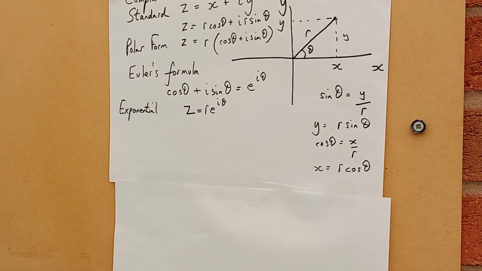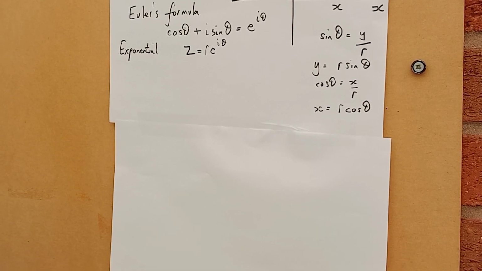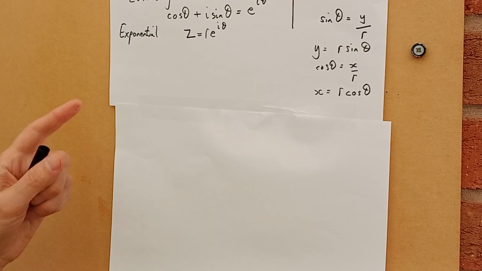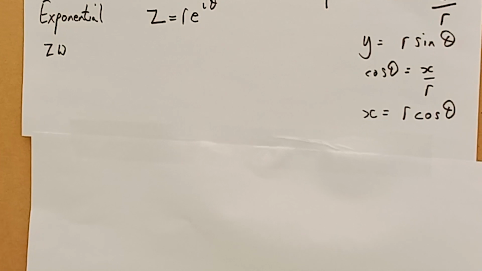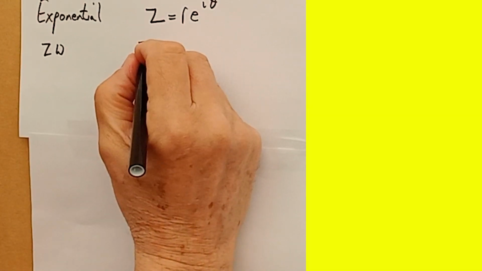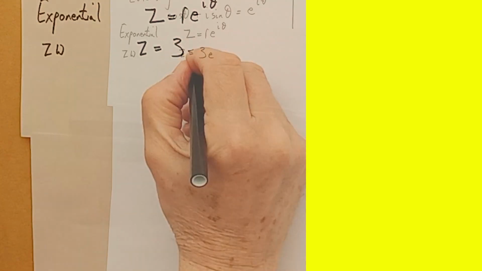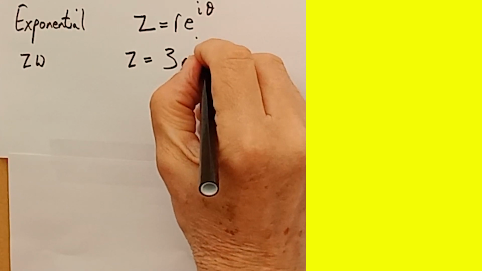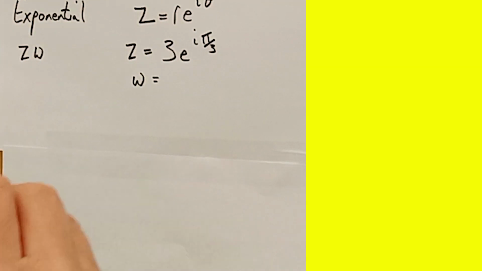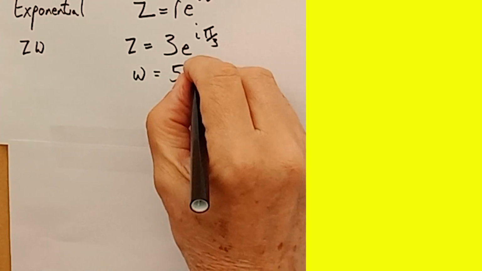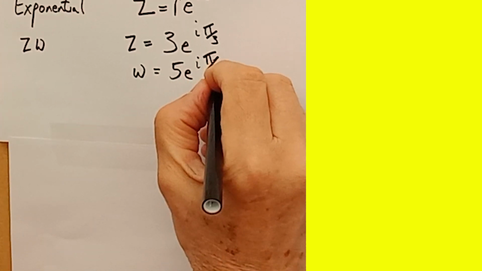So I've just added a paper there to make it a bit bigger, easier to see, hopefully. So an example. If you have two complex numbers, one's called z and one's called w, and you want to multiply them together, and you're given that z equals 3e to the power of i times pi over 3, and w equals 5e to the power of i times pi over 6.